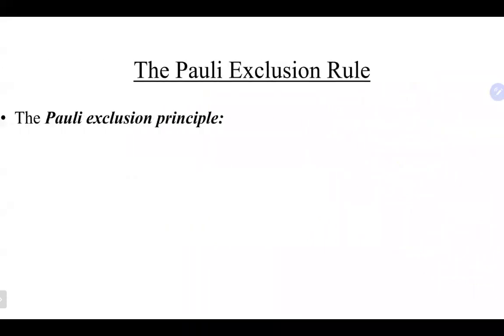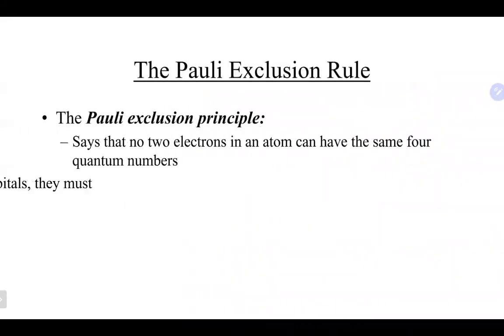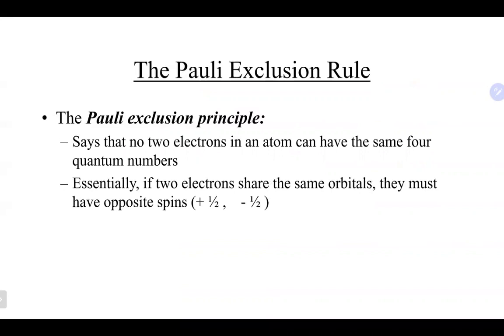Pauli's exclusion rule basically says that no 2 electrons in the same orbital can have the same 4 quantum numbers. So you may be saying, how are they different? If we take helium, which is number 2 on the periodic table, its electron configuration would be 1s2 basically.